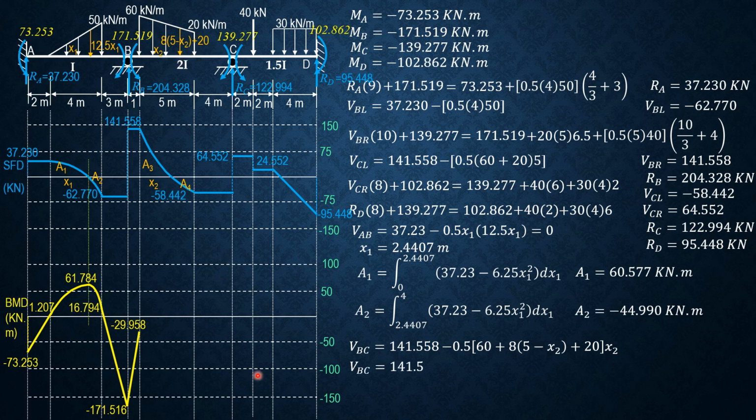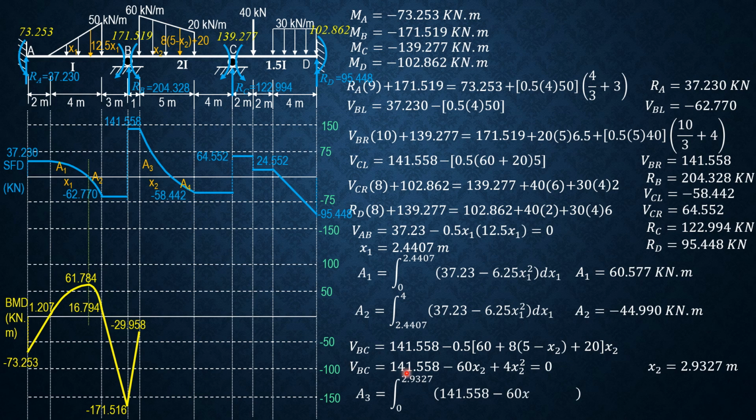Anyway, that's given. Therefore, the shear in portion BC, beginning with this point here, 0 load, is shear at B just to the right, which is 141.558, then minus area of trapezoid, which is 0.5 of quantity 60 plus 8 times 5 minus x2 plus 20 times x2.